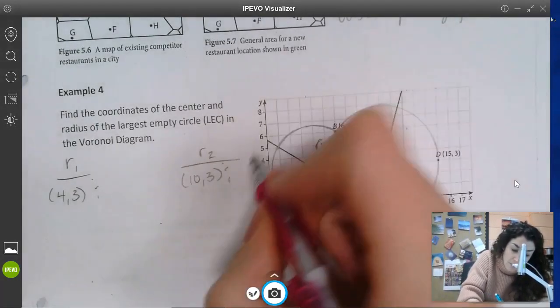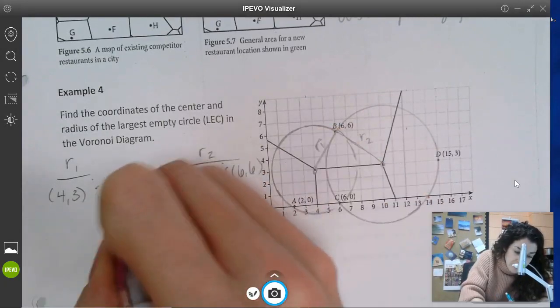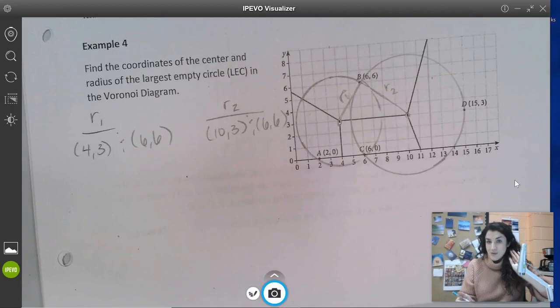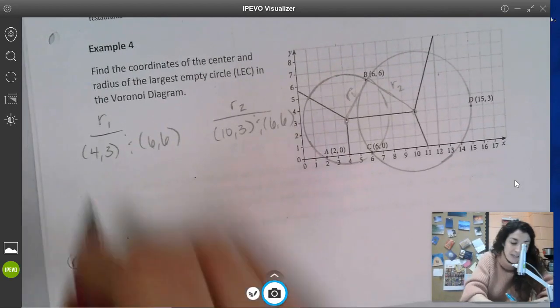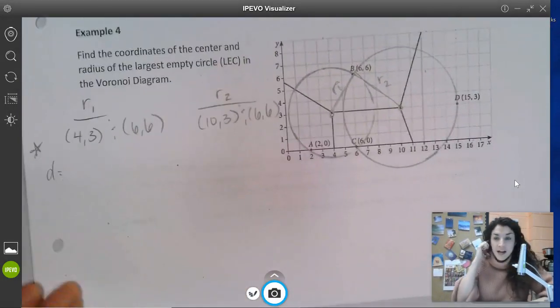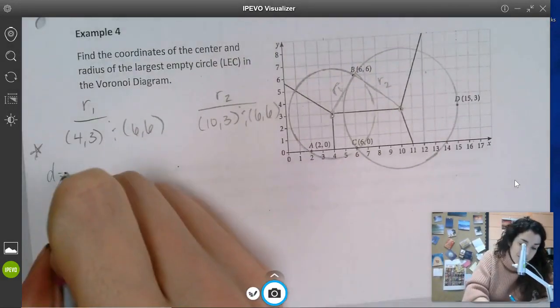And I'm comparing both of them to 6, 6. So we just need to find that distance, and we can find those distances very easily using the distance formula. Go ahead and find those distances.